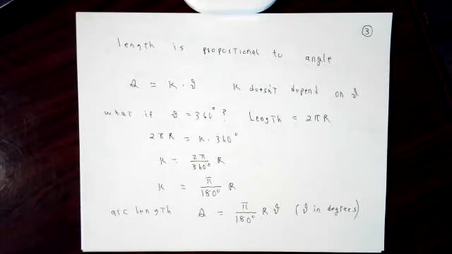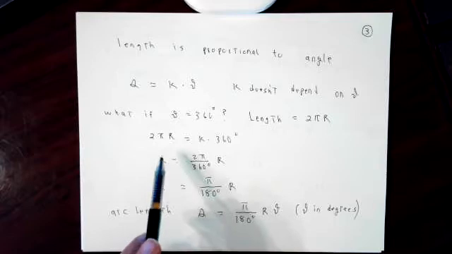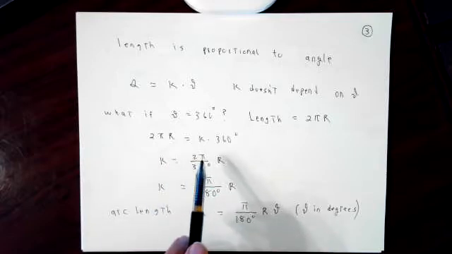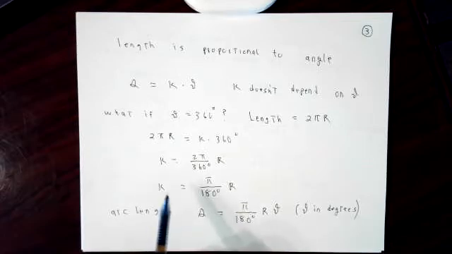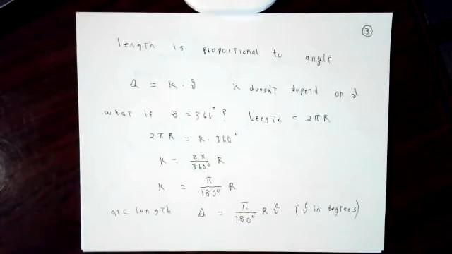So keeping those two facts in mind, it must be true that 2 pi times r is this constant k times 360 degrees, which means the constant is 2 pi over 360 times r. You can cancel a factor of 2 out and find that k is pi over 180 degrees multiplied by the radius of the circle. So the length along the edge, the arc length s, is this constant, pi over 180 degrees times r, multiplied by the angle theta expressed in degrees.